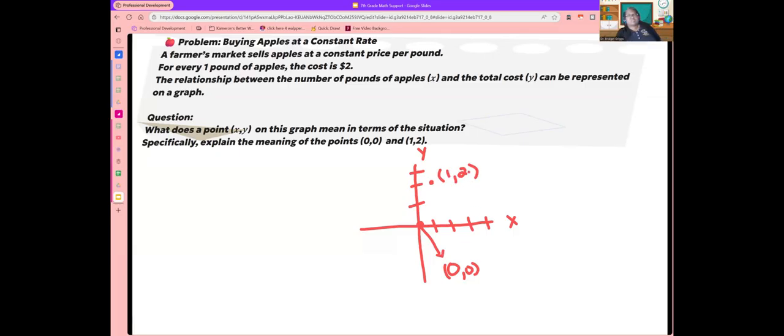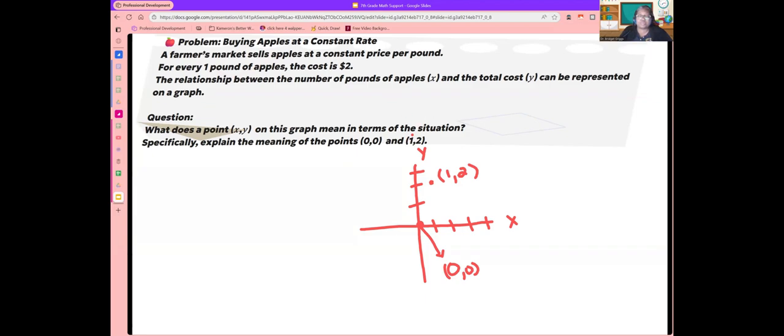Okay, so in regards to this situation, if we're at (0, 0), that would mean that we have not bought any apples. Therefore, there's no pounds of apples, and therefore, there's no cost. So (0, 0) means we have not done anything at the farmer's market yet.